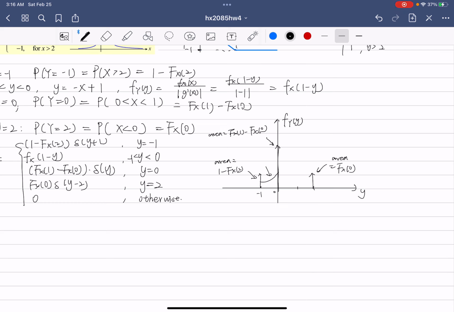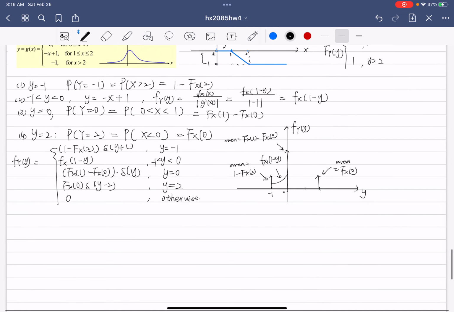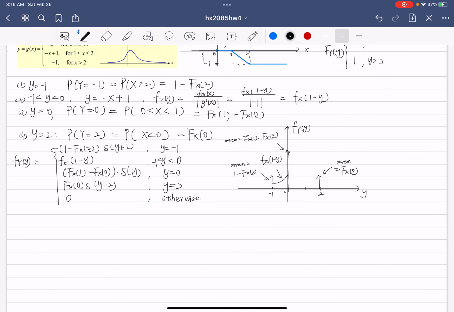And this part will be the density function of x, f_X(1 minus y). Here is y equals 2.